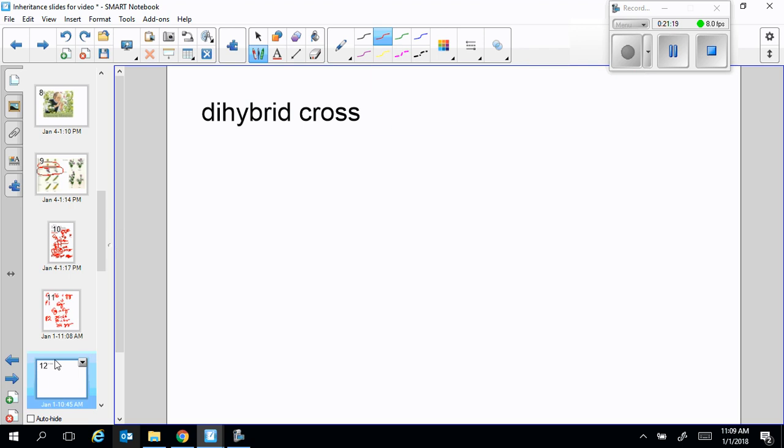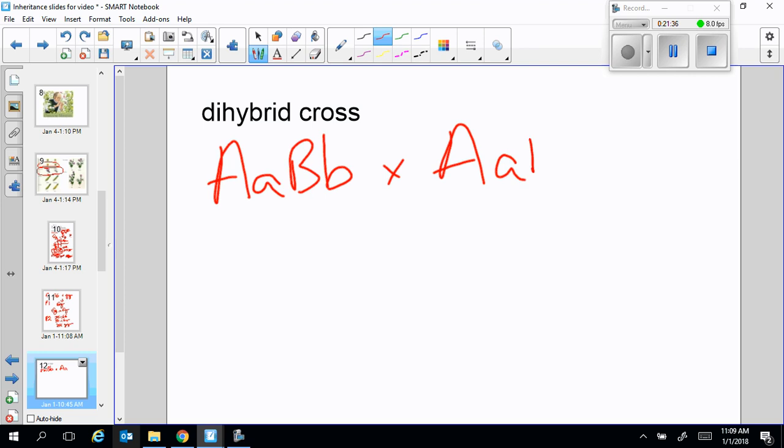All right. A dihybrid cross. You're going to need some room for this one, so make sure you give yourself some space. A dihybrid means I have to have two traits, and I have to be a hybrid for each. So here is my dihybrid cross. Now I have to write out all the possibilities of the gametes.